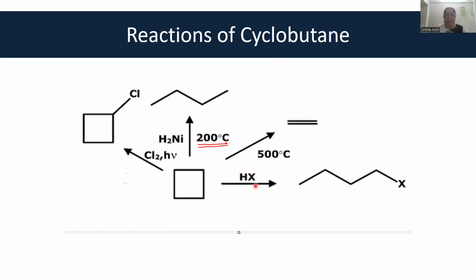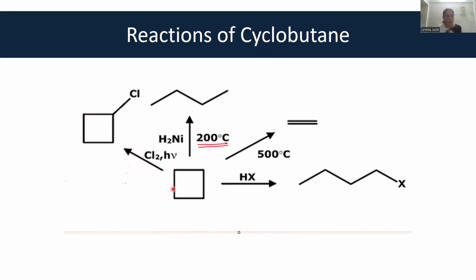When you treat it with hydrogen halide, again ring opening occurs and you get 1-halobutane. The hydrogen halide can be HCl or it can be HBr. If you treat it with halogen in presence of light, remember for cyclobutane as well as cyclopropane, the reaction that occurs is a substitution reaction.